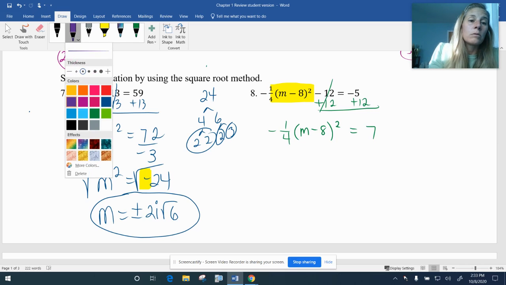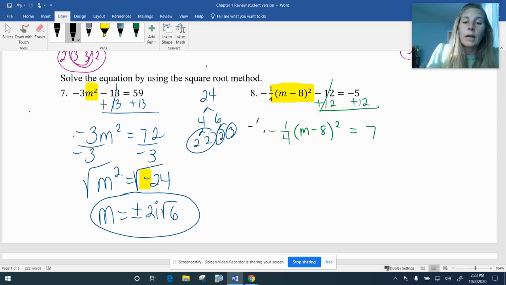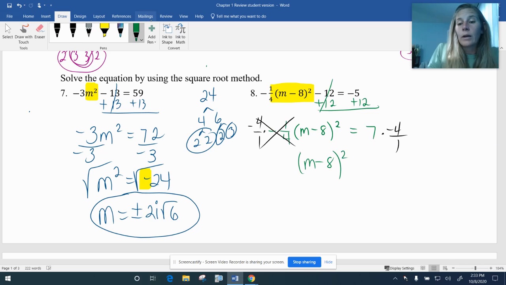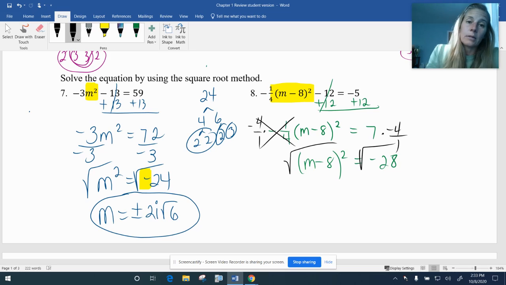Now I'm going to multiply both sides by the reciprocal, which would be negative 4 over 1. So that leaves me with m minus 8 squared, and on this side, negative 28. So now I'm going to square root both of those, and that leaves me with m minus 8 squared.